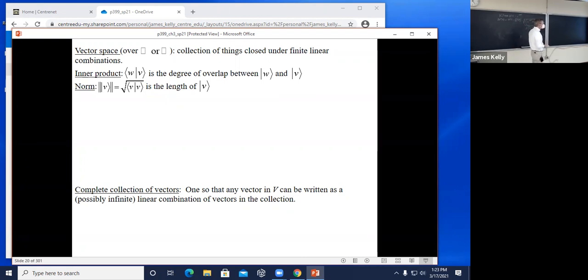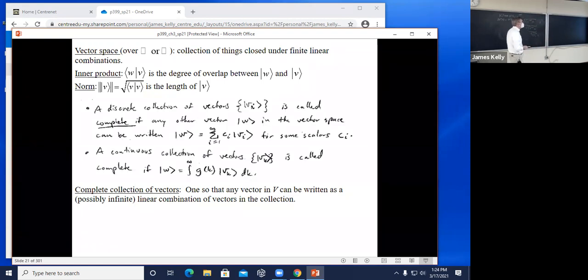And if my subset is infinite, then we're talking about an infinite linear combination in the sense that we were talking about in chapter 2. So what we mean by linear combination depends on whether our collection of vectors, which we're hoping is going to be complete, is discrete or continuous.